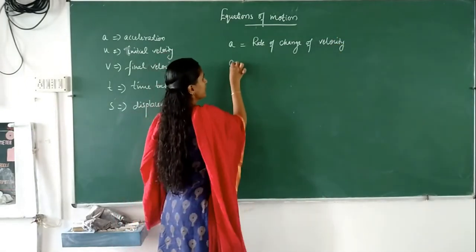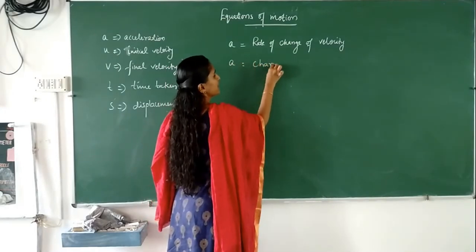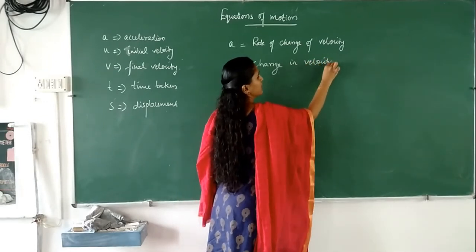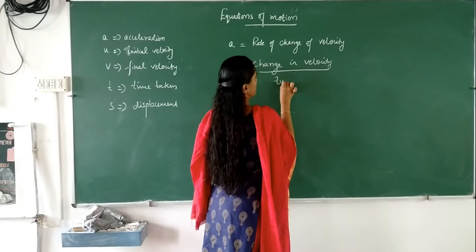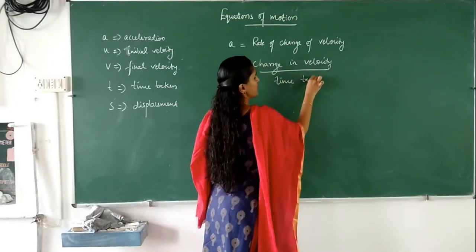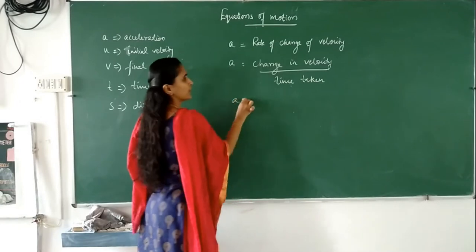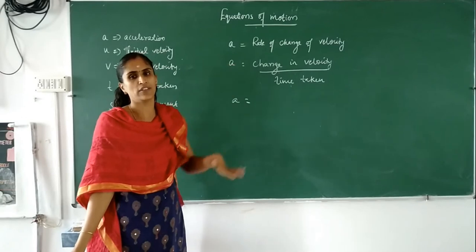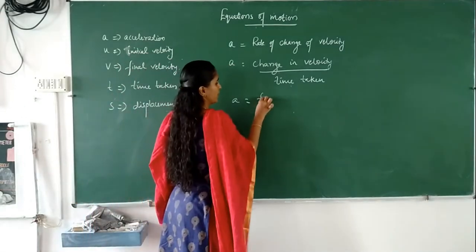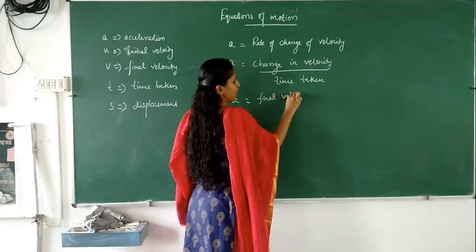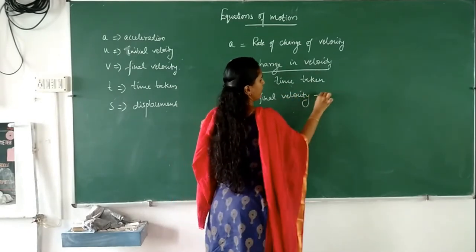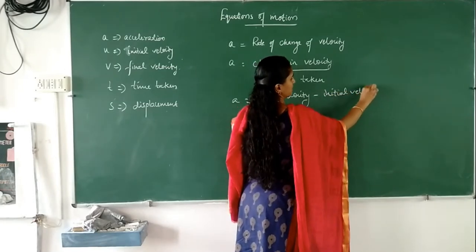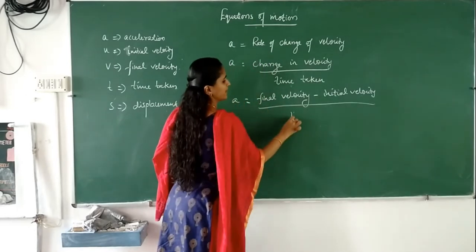So we can write acceleration is equal to change in velocity divided by time taken to change the velocity. And change in velocity means final velocity minus initial velocity, divided by time.